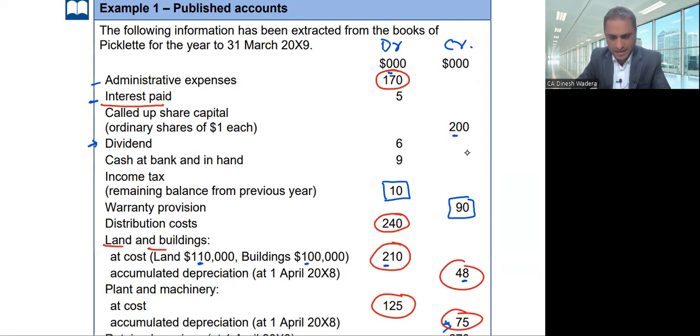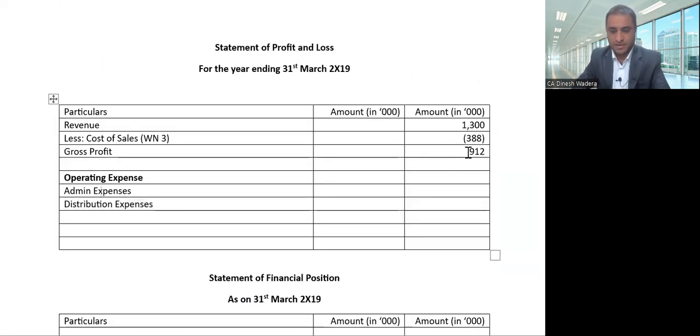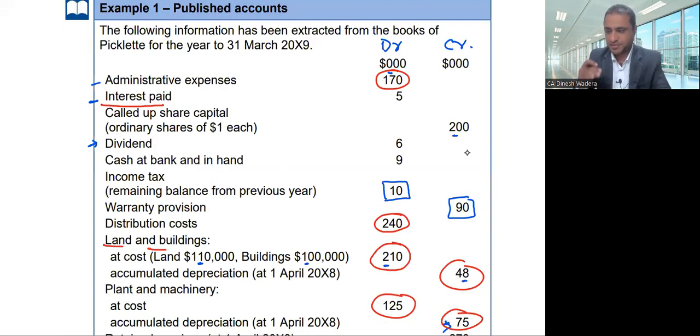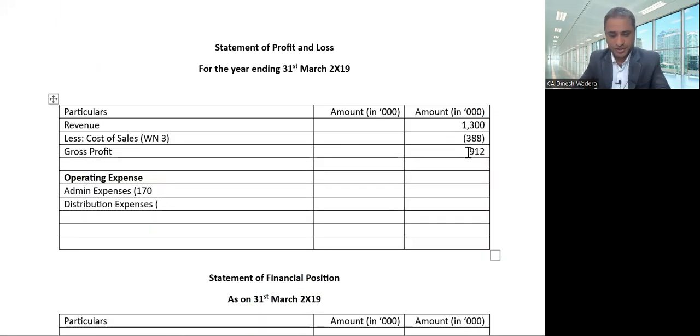170 and 240. But we have to add a portion of depreciation. Now, I'm not saying that we have to deduct it. Depreciation is an expense, administration expense, cost of sales, all are expenses. So we will add up that expense in admin expenses and distribution cost, and already we have added the same into the cost of sales calculation. 240.